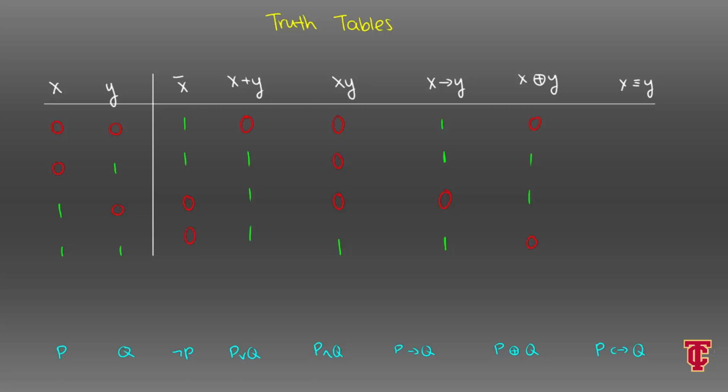And the biconditional equivalence is only true when the values are the same. So when X and Y are both 0 or both 1, it is true, and it's false when you have differing values. So when you work with digital logic, you get a 1, 0, 0, 0 truth table that becomes a 0, 0, 0, 1 truth table, so just keep that in mind.